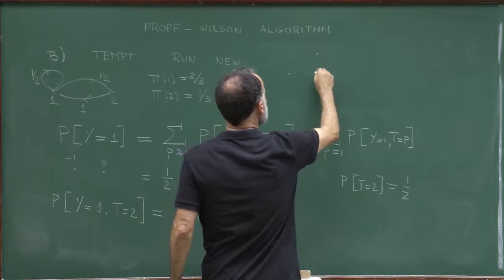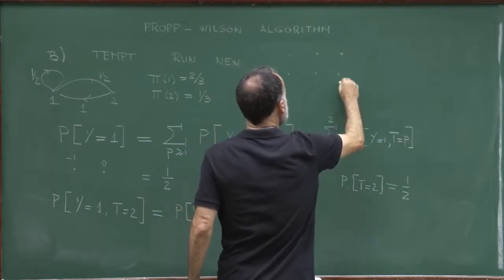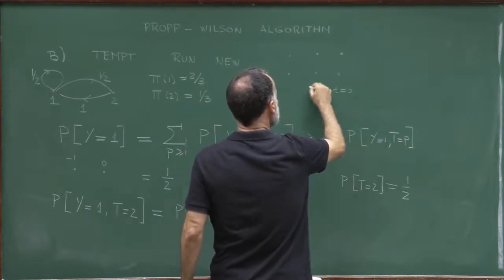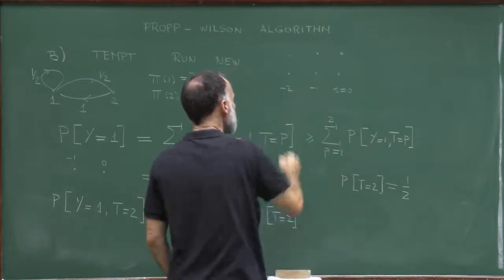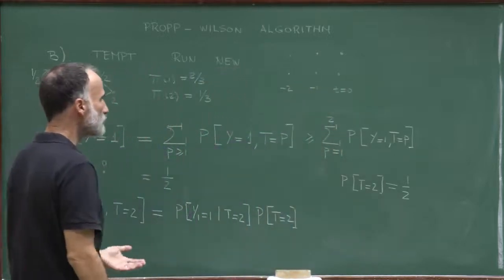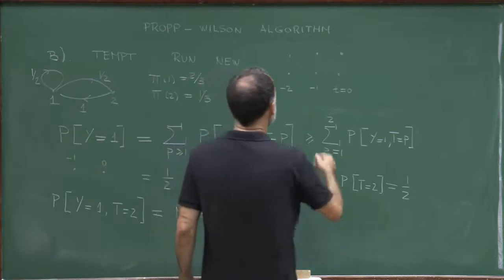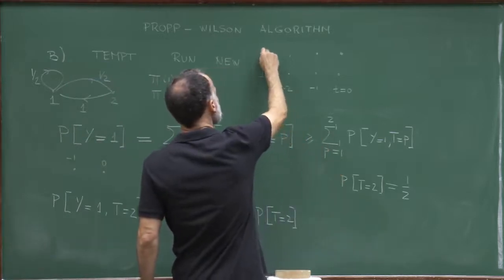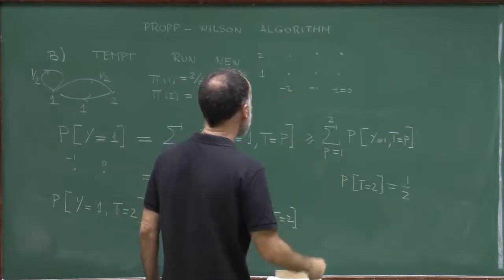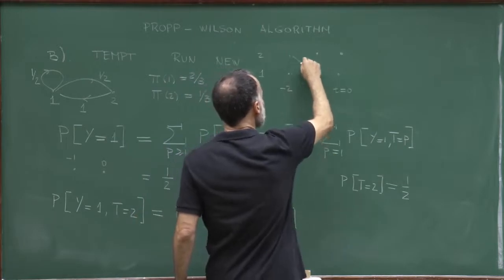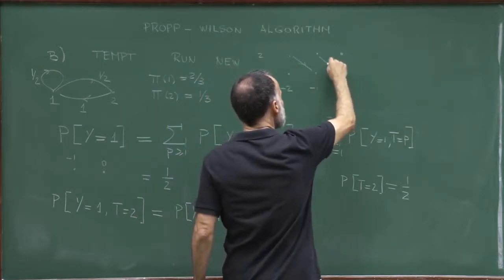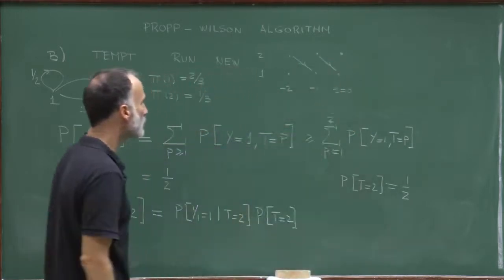So now we are at stage 2. Here is time 0, -1, -2, and we are running this chain. Let's say this is configuration 1, this is configuration 2, and I know that I always jump from 2 to 1. So these arrows are always present.